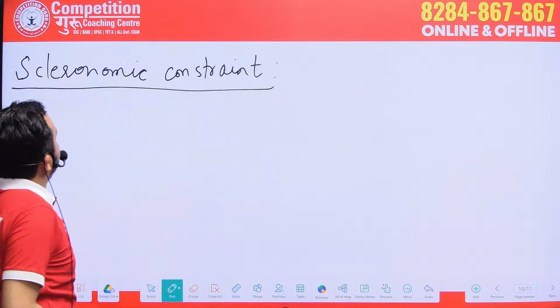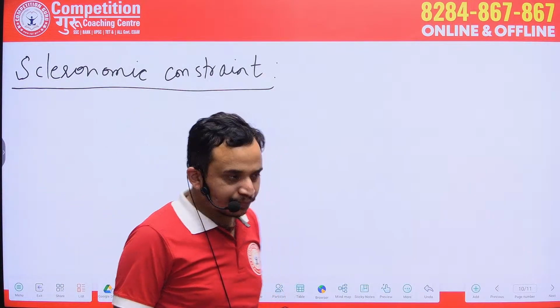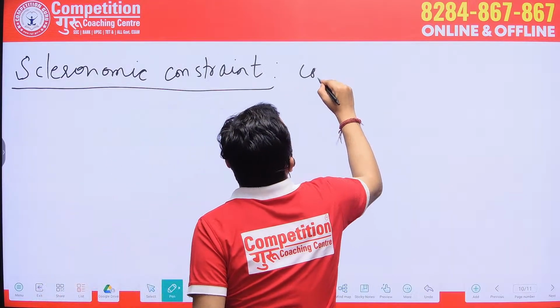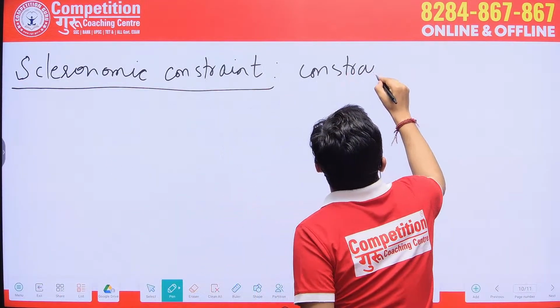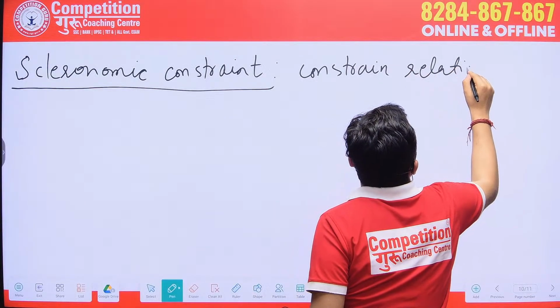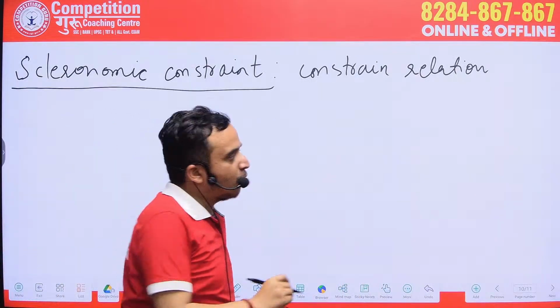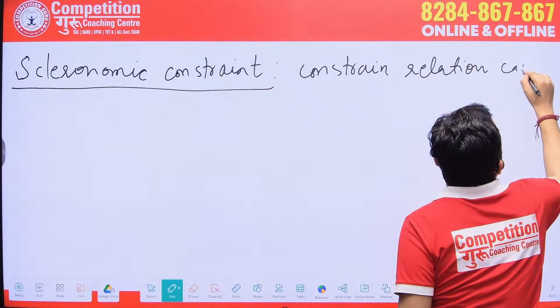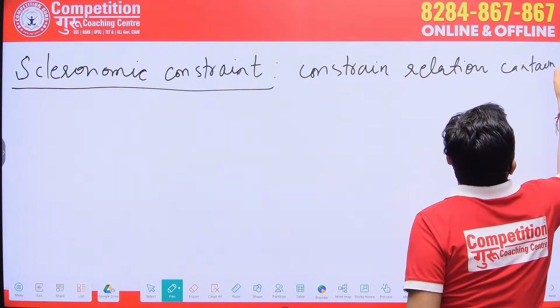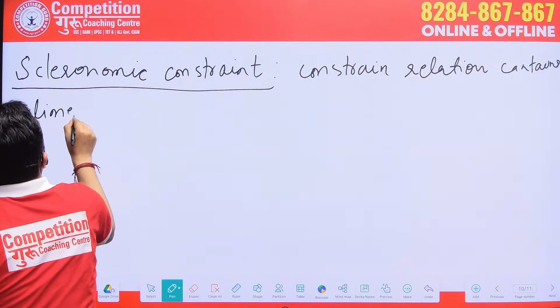So in a scleronomic constraint, the constraint relation contains time explicitly.